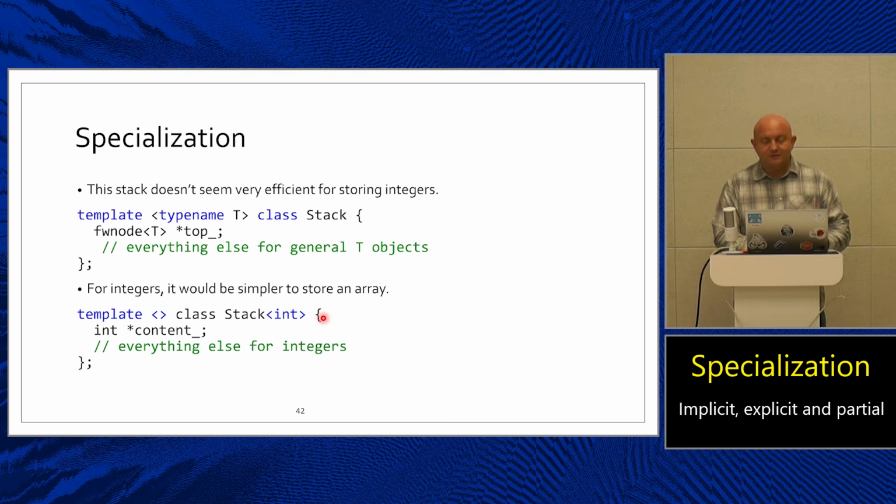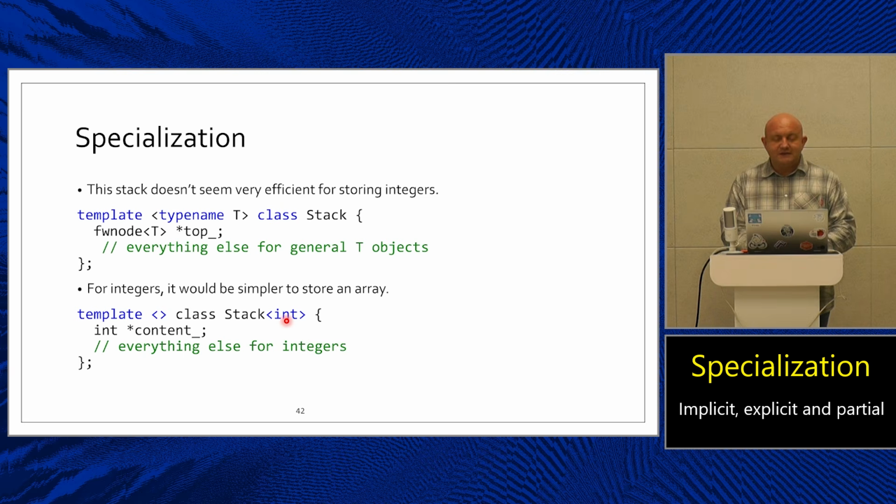And of course, this stack is inefficient, and for a general type T, we need the flexibility of node-based allocation, but for a simple type like int, you could use a much more effective implementation like a dynamically growing array. And this is a perfect job for explicit specialization. Like in the function case, we can keep the general template for type T, but provide a completely different, optimized implementation specifically for int.